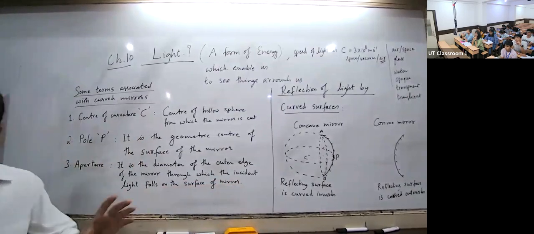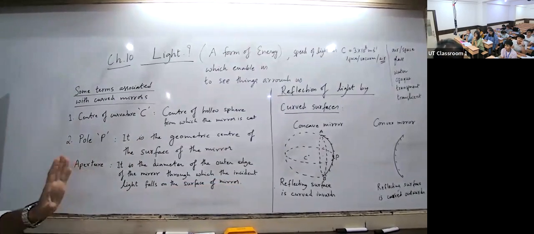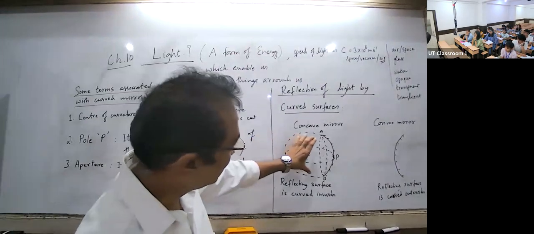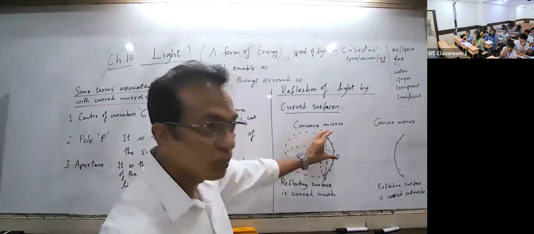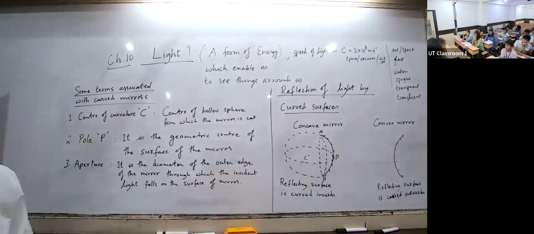So aperture sometimes becomes very confusing to understand. So this is what it is. So incident light will fall through the aperture.